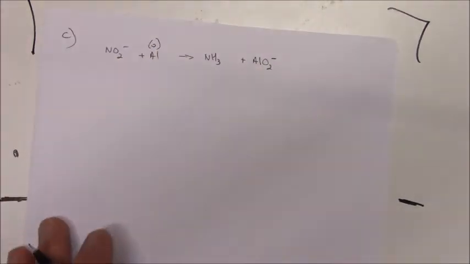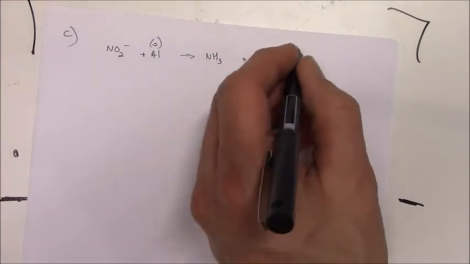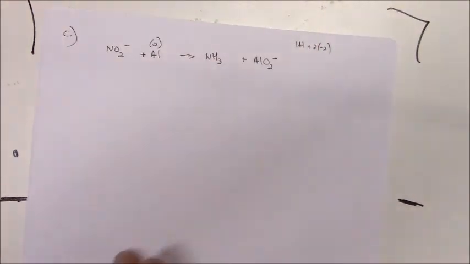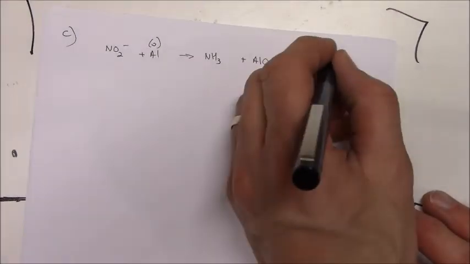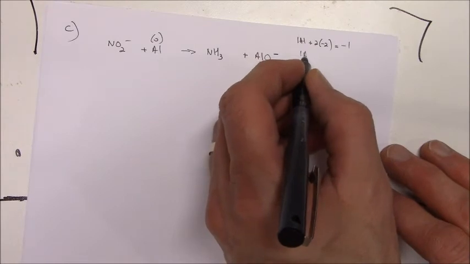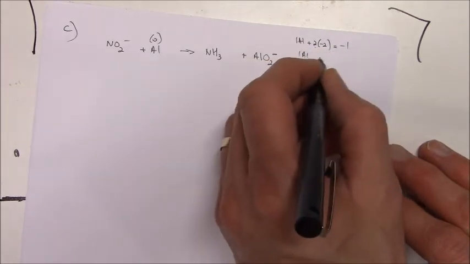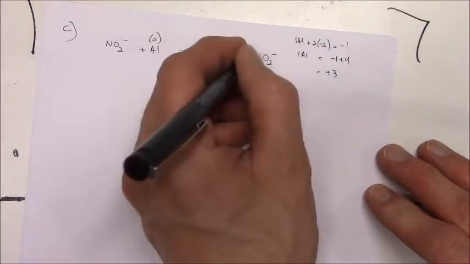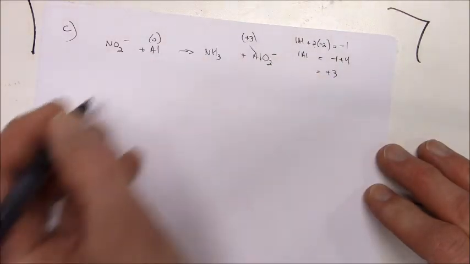This is 0. This aluminum, you got 1 aluminum plus 2 oxygens, at -2, equaling overall -1. So 1 aluminum, that'll be -4, bring it over. So -1 plus 4 equals plus 3. So this is plus 3.